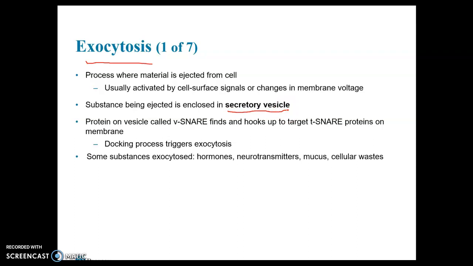The protein on the vesicle, called V-snare, finds and hooks up to the target T-snare proteins on the membrane, and the docking process triggers exocytosis. So some substances that are released by exocytosis are hormones, neurotransmitters, mucus, and cell waste.